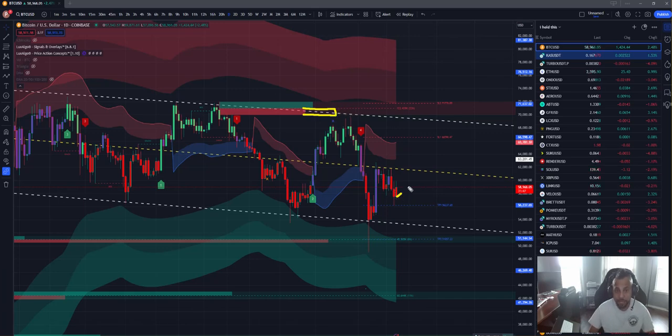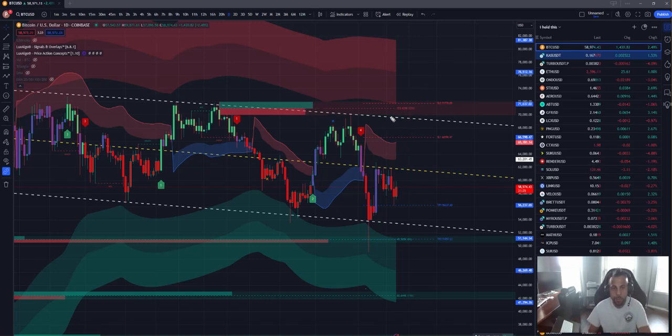So if Bitcoin actually traveled up to that zone, it's not gonna have too much resistance. It's gonna force it to go up, because the sellers are getting tired, and the buyers will win out, which would allow Bitcoin to break through the resistance.